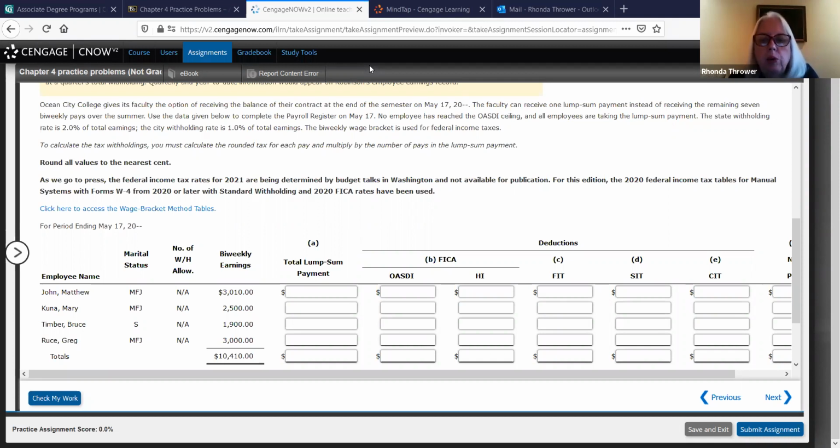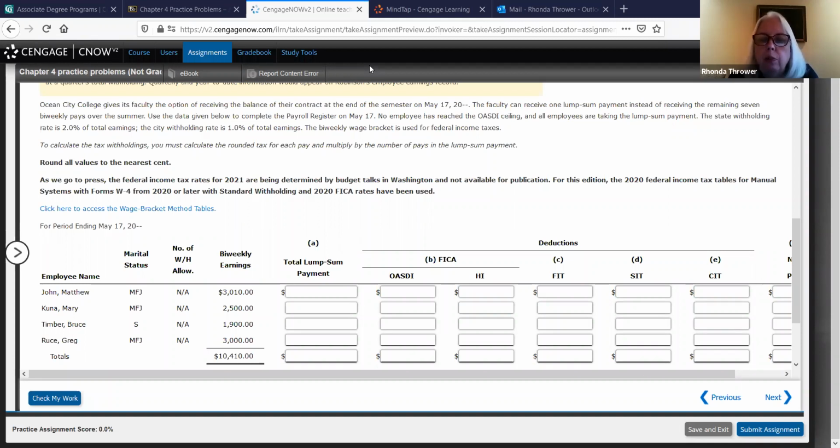His biweekly earnings were $3,010. In order to find the total lump sum payment, you have to take that $3,010 and multiply it by 7 pay periods, because they were receiving a lump sum payment for 7 biweekly pay periods.